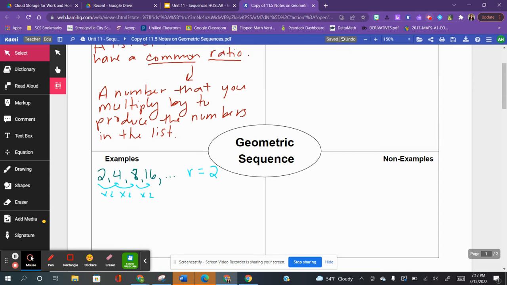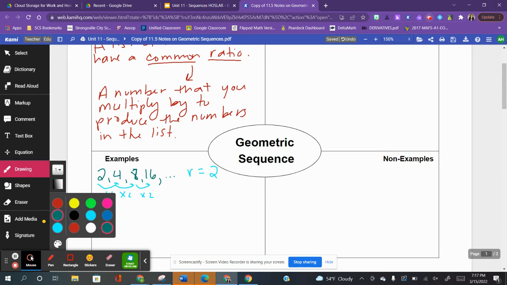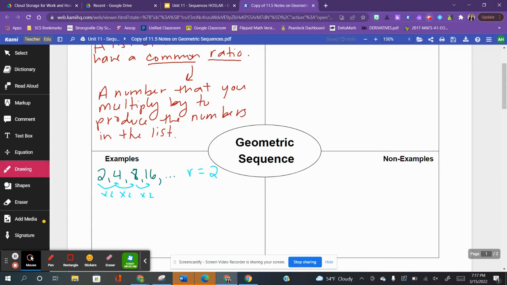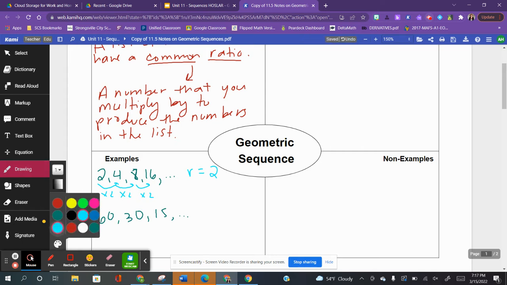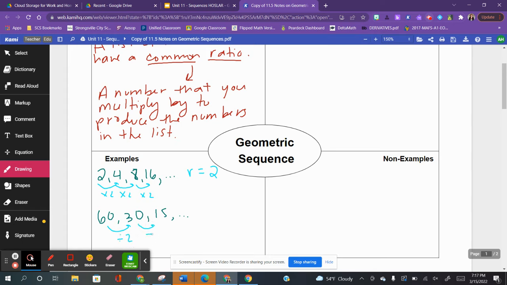So if I had the numbers 60, 30, 15, then again, I know it feels like we're going to be dividing by 2 and dividing by 2, but a common ratio is written as what I multiply by.